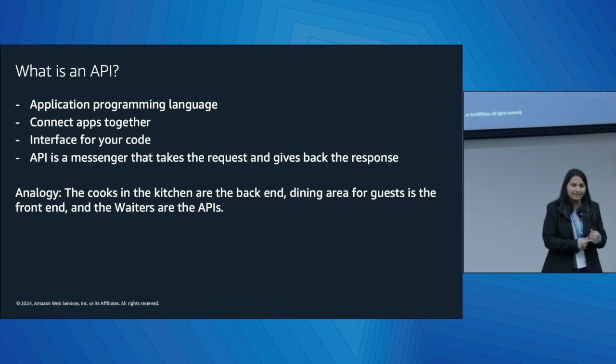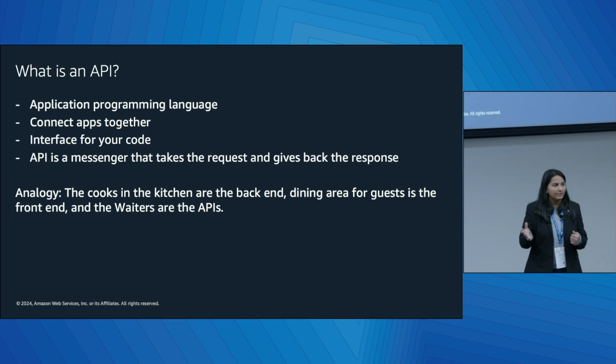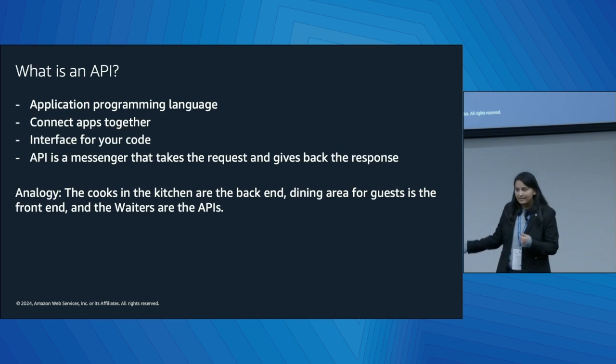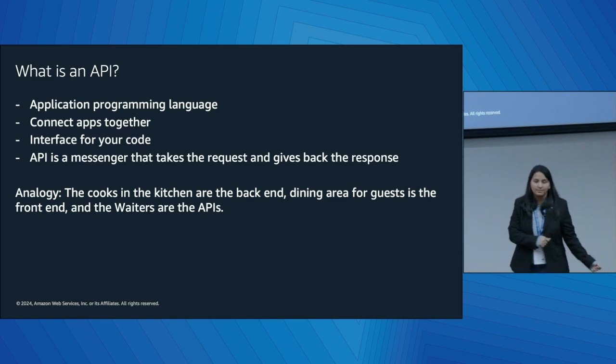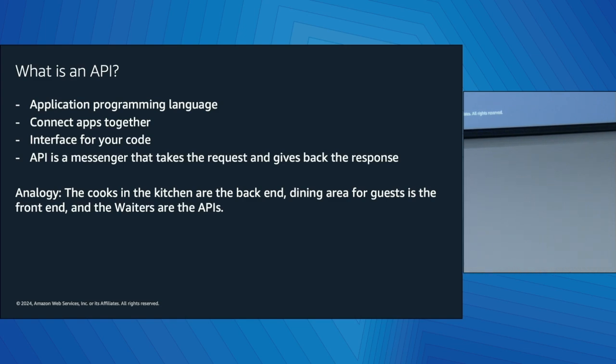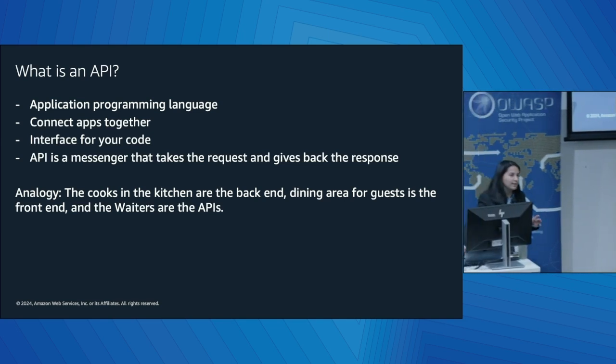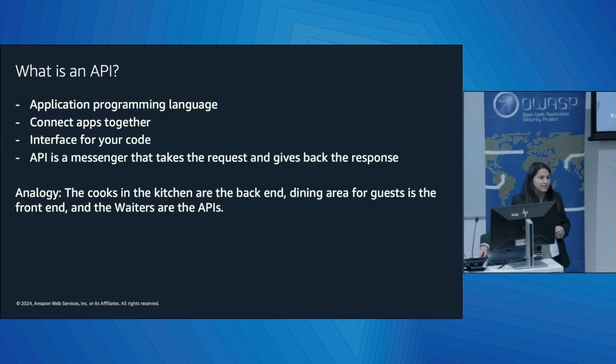And that is API. You send a request to API, API sends it to the app to process, do whatever magic it wants to do, and gives the response back to the customer. That is the simplest way of looking at APIs. It's a messenger, in short.